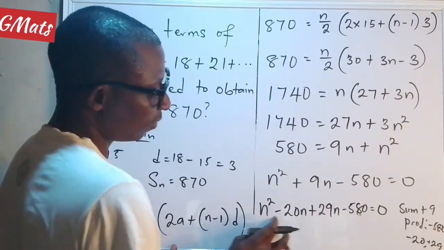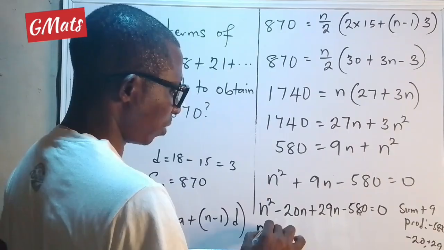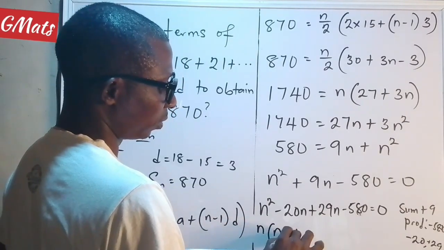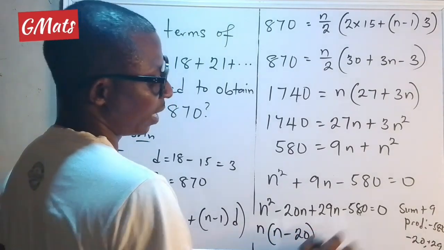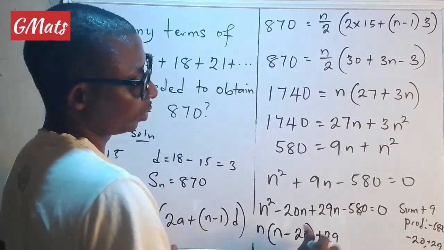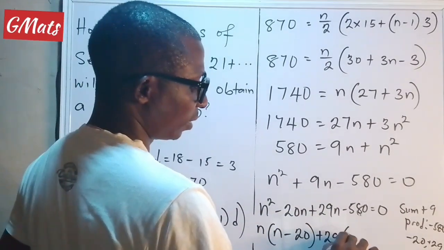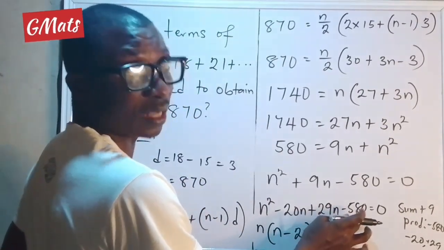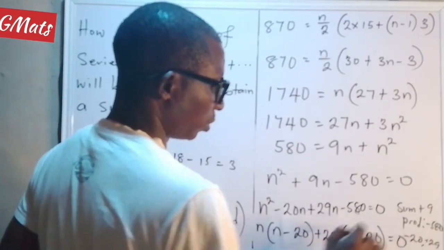Now let's look at the first pair here. What is the common factor? n is common. So we have n, and in bracket we have n minus 20. Okay, so the common factor here is 29, so plus 29. When you factor out 29 from 29n, you have n left, minus, when you factor out 29 from here, just divide this by 29, we'll have 20, equals 0.